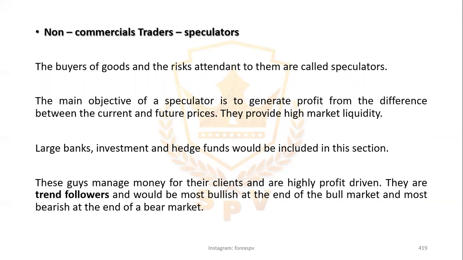So large banks, investment banks and hedge funds, all of them are included in this section. Basically, money managers. These guys manage money for their clients and are highly profit driven. They are trend followers, so they will be bullish in a bull market and bearish in a bear market.